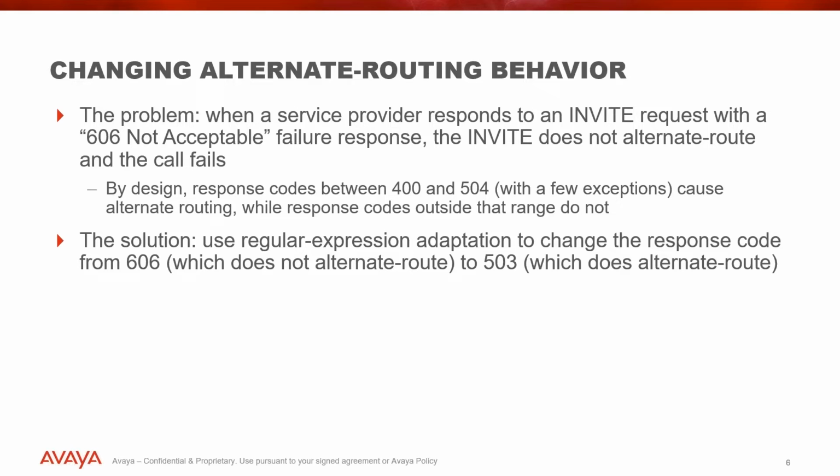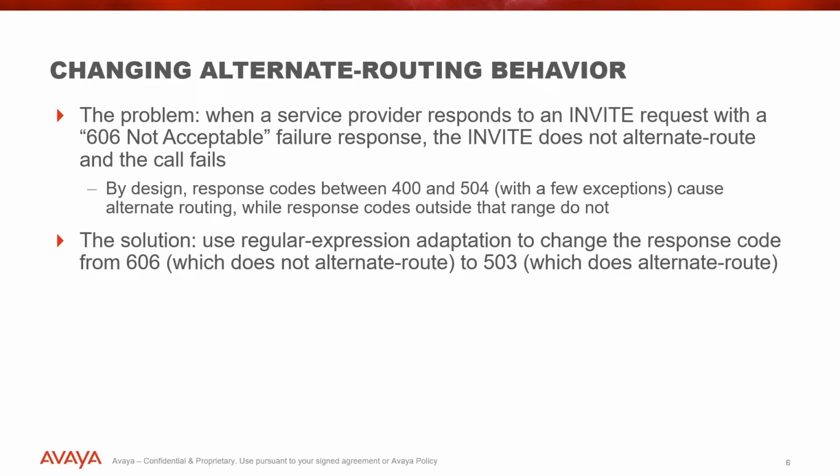Generally speaking, anything between 400 and 504 will cause alternate routing. There are a couple of exceptions, like, for example, 404. If you get back a 404 response, that more or less means that there's something wrong with the digit string in your invite, and you don't really want to alternate route because it's not going to work any better with a different service provider. Response codes outside that range will not alternate route.